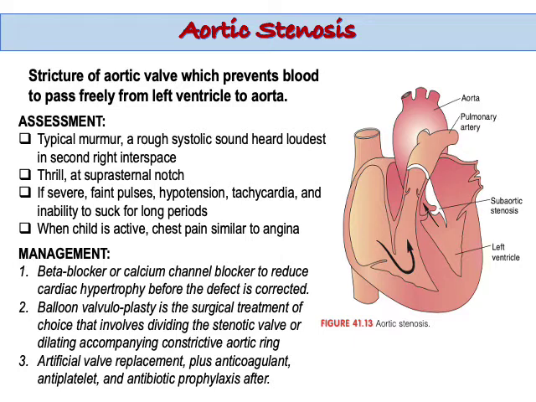It is the surgical treatment which involves dividing the stenotic or strictured valve by dilating the accompanying constrictive aortic ring. Or it could also involve artificial valve replacement of the aortic valve itself. After the surgery, again, anticoagulants, antiplatelets, and antibiotic prophylaxis are important.